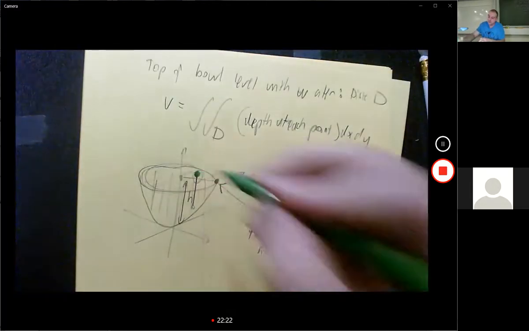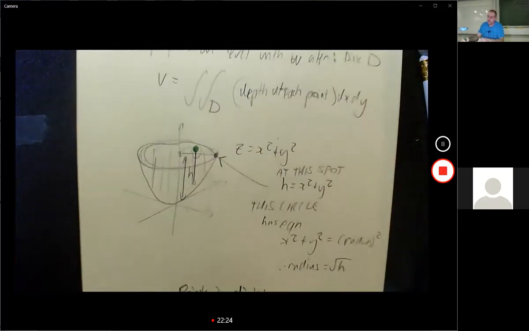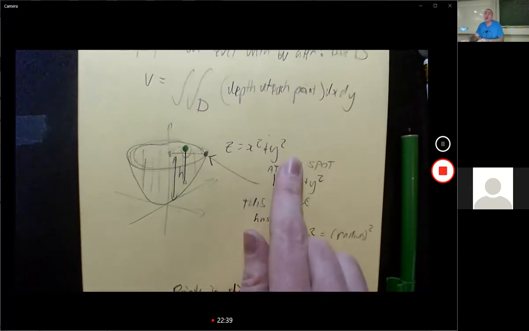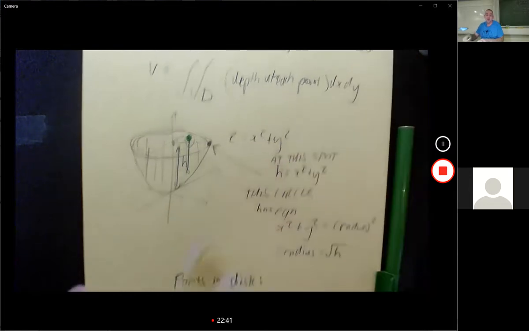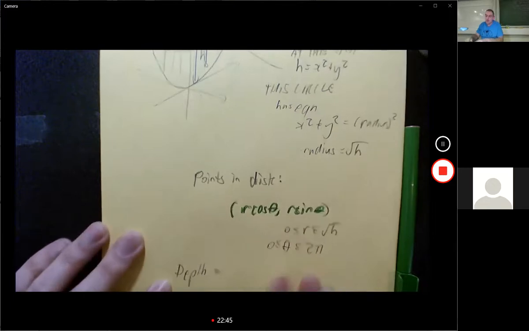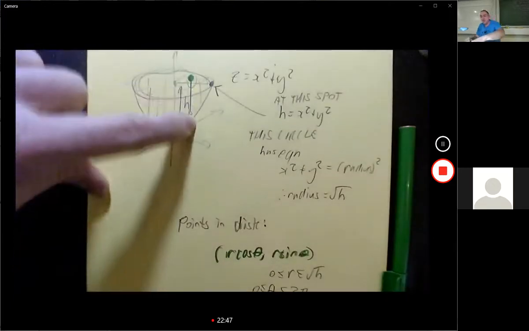So what I've now done is that this point has been located this way. And now I need to figure out what the depth is. I can figure it out from the x and the y coordinates. So I know that the depth is this distance here.